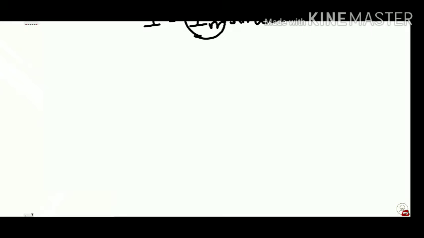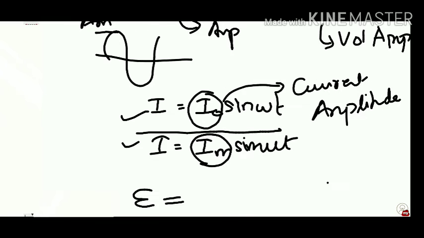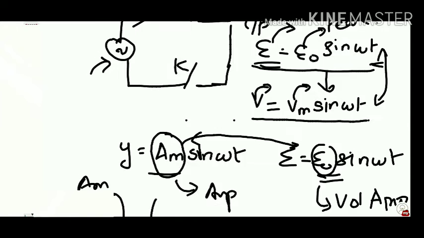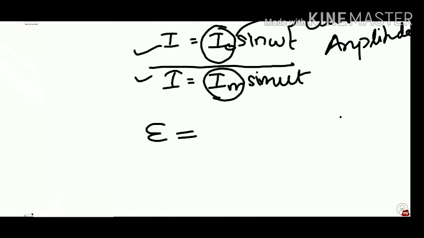Now if there is a circuit like that, a resistive circuit which we drew, what will be the equation for epsilon or the EMF with respect to the diagram? I can write E is equal to I into R, where I is the current flowing in the circuit.